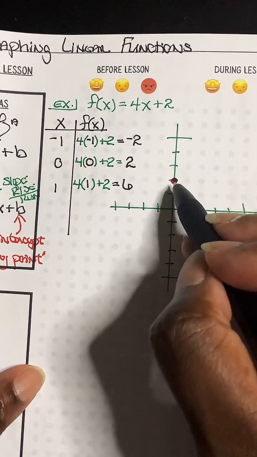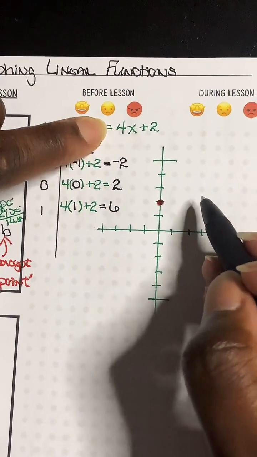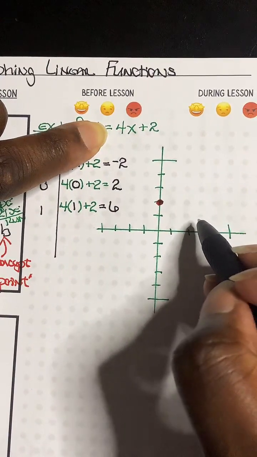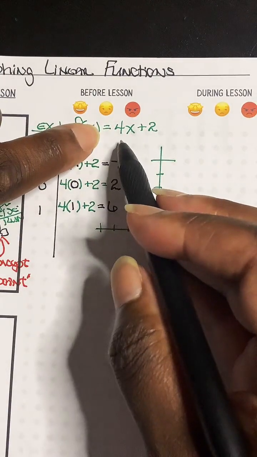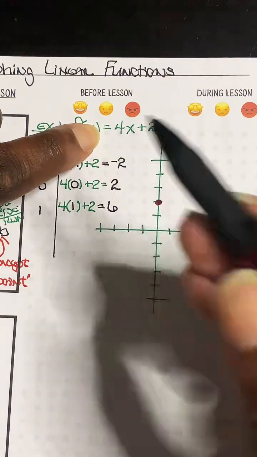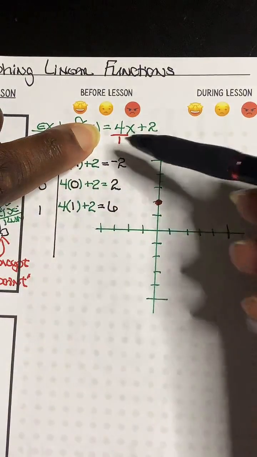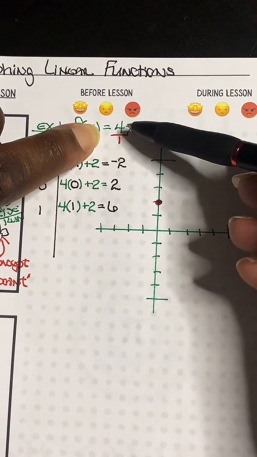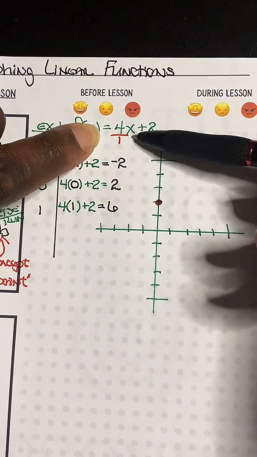But from this y-intercept, I'm going to look at the slope. Now the slope is going to tell me my rise over run. But right now it's just a whole number. So in order for it to be a true slope, it needs to be a fraction. So without losing value to the 4, by multiplying it by another number, you can place it over 1.